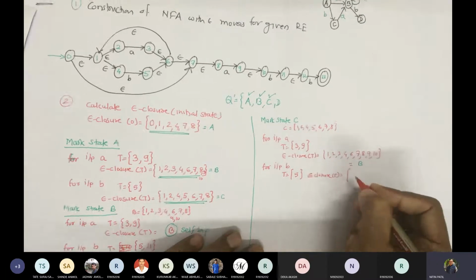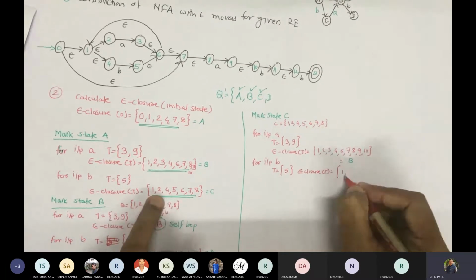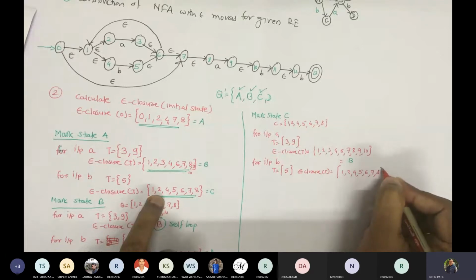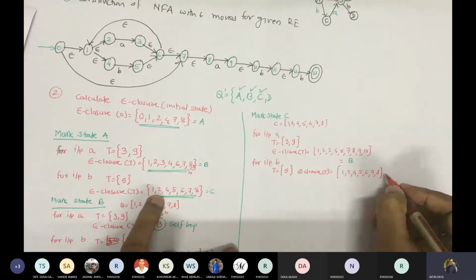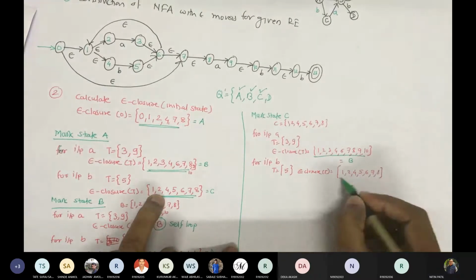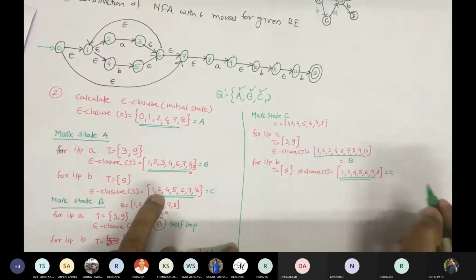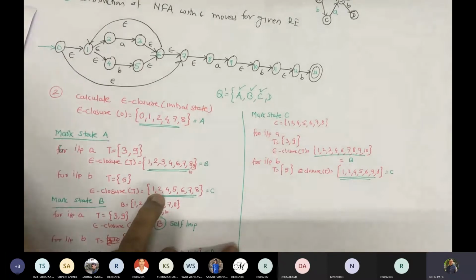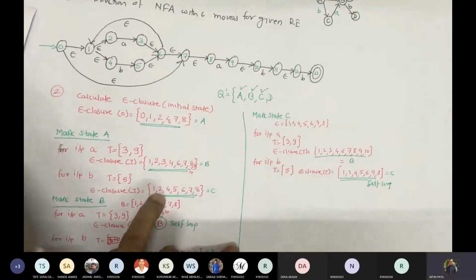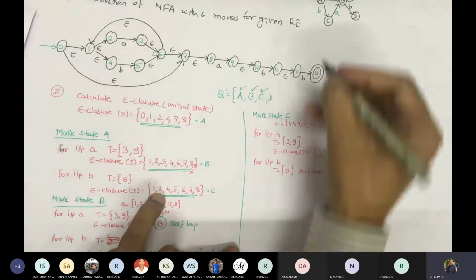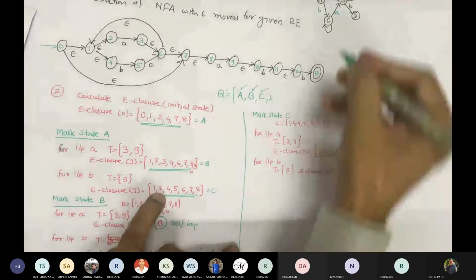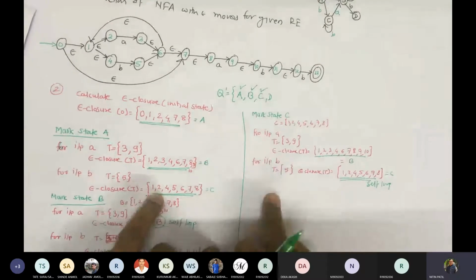It is 1, 2, 4, 5, 6, 7 and 8. Correct? So this is C. So we got C, which means this is a self loop. So let us draw the self loop with input B. Now we are done with C.